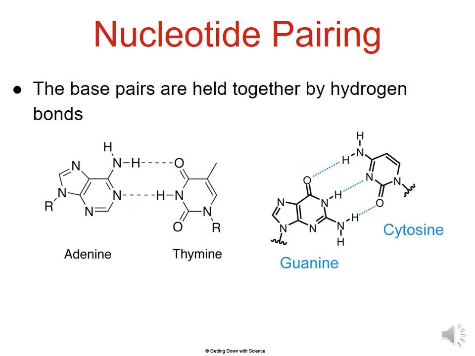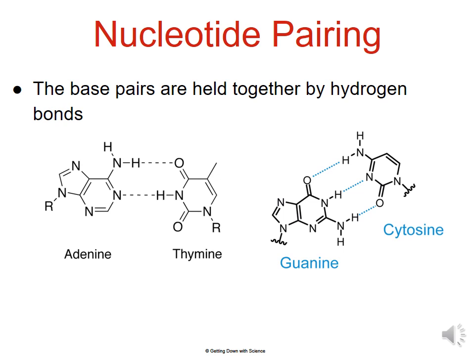So when they pair, they're going to be held together by hydrogen bonds. So you got to think way back when we talked about water and we talked about the hydrogen bonding and that idea where they get that slight positive and slight negative based on the electrons hanging out around more one than they do the other. So those slight charges are what's attracting the pieces and holding the pieces together.